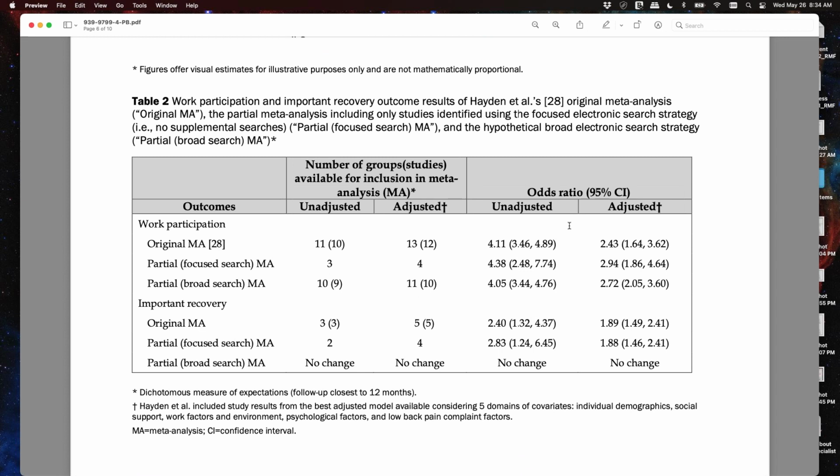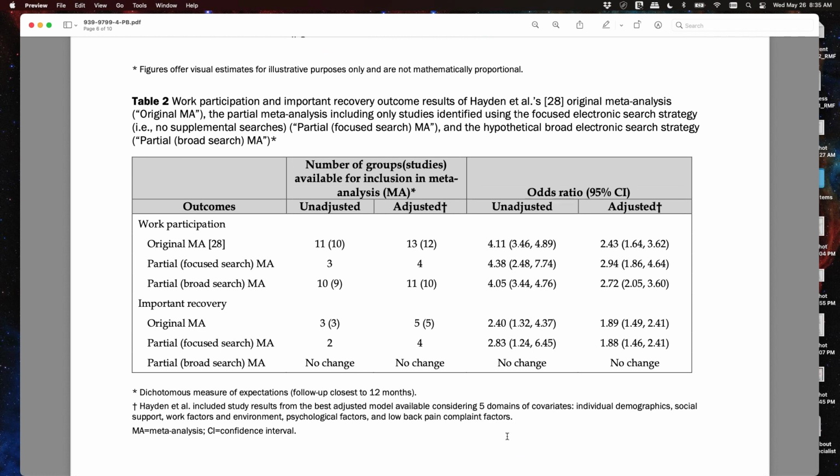So there's more uncertainty. And of course, if you include more studies, which happens when you use additional supplementary search methods, the confidence intervals become more focused, and therefore less uncertainty in the meta-analysis.